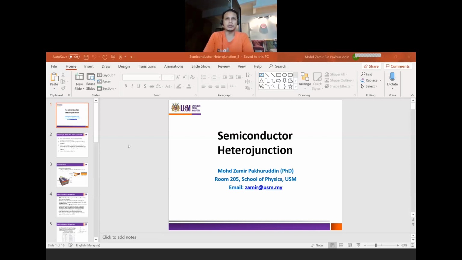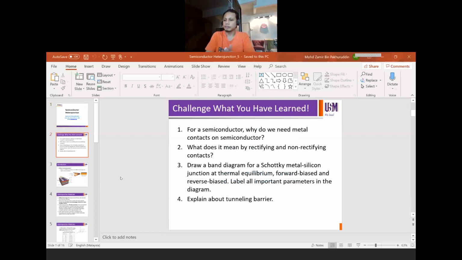So the ground rule is same material, same band gap, right? So then you don't have any change in the energy levels at the junction because the materials on both sides are of the same band gap and the same material, right? So today we're gonna look at heterojunction and what it is.